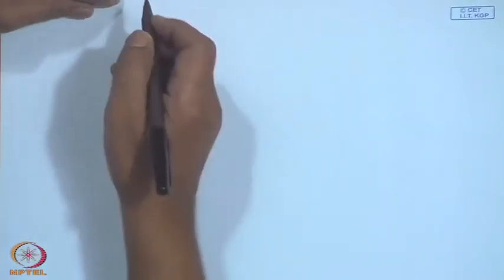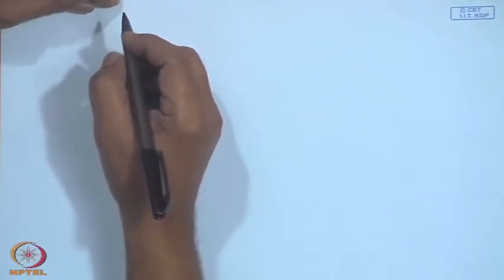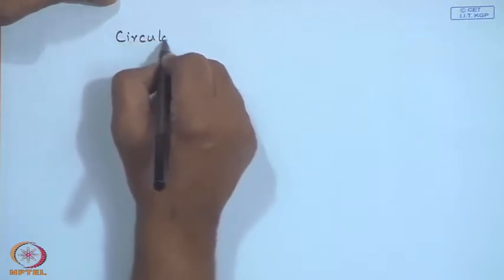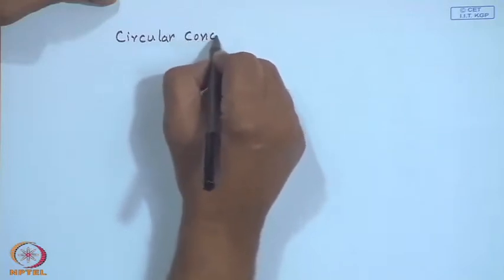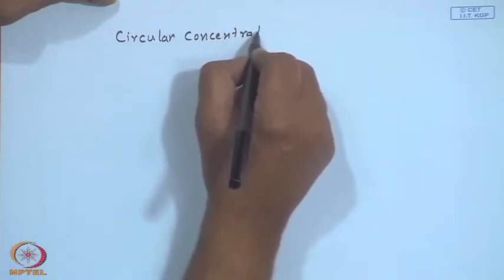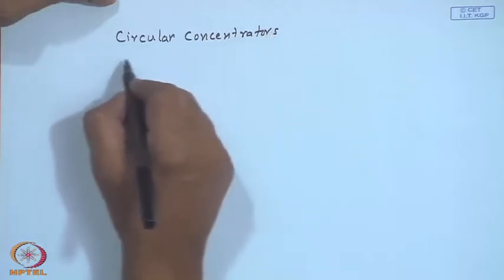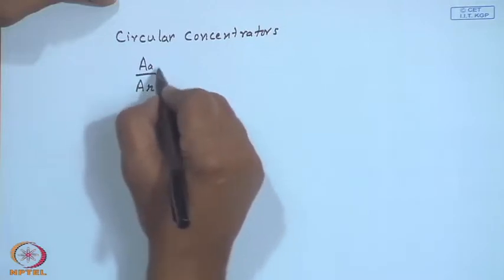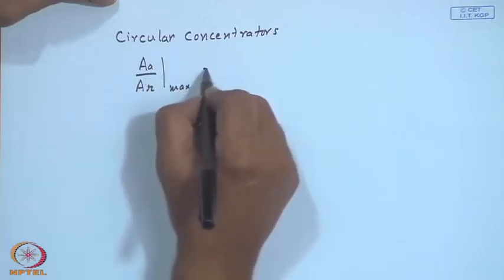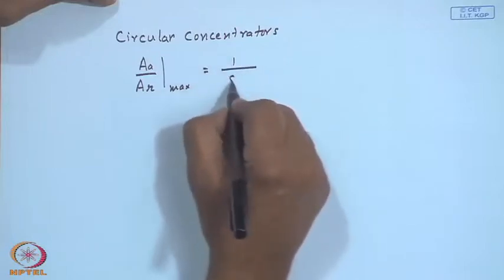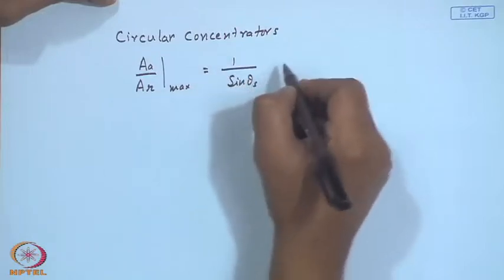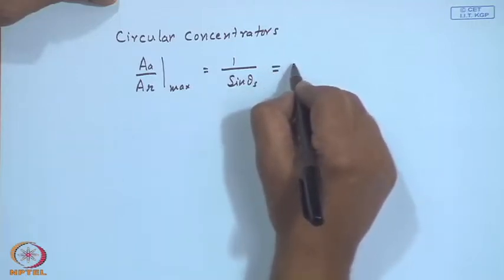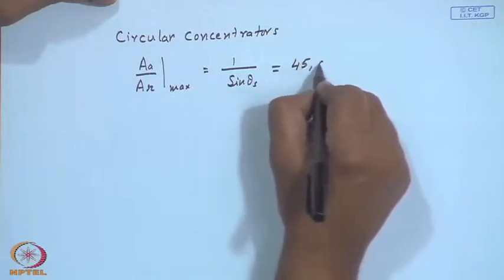So, a similar procedure for linear concentrators, the maximum concentration goes to 45,000.